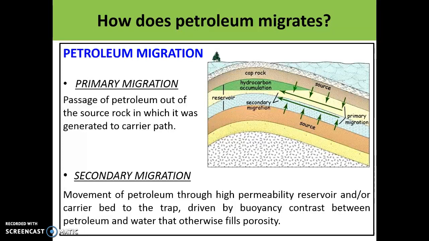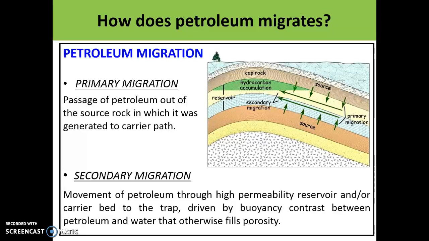The media that help in the migration of petroleum are porous and permeable sands and sandstone, and carbonate sediments. There must also be porous and permeable fractures and faults, so that they help in migrating the petroleum from the source rock to the carrier bed.